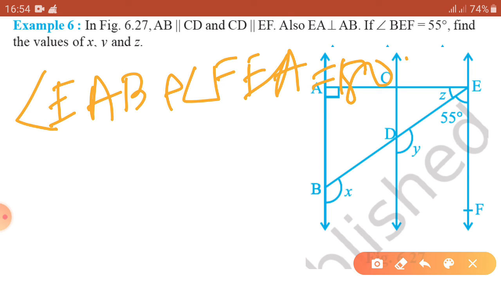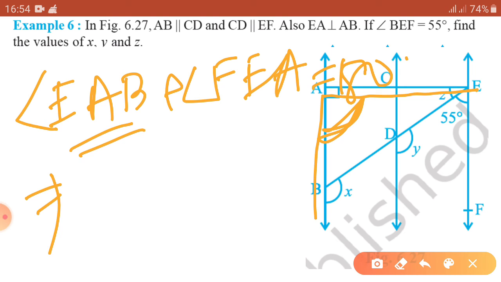Now we can write that angle EAB, that is 90 degree, plus z. So here angle EAB plus angle FEA equal to 180 degree. Here angle EAB is 90 degree.